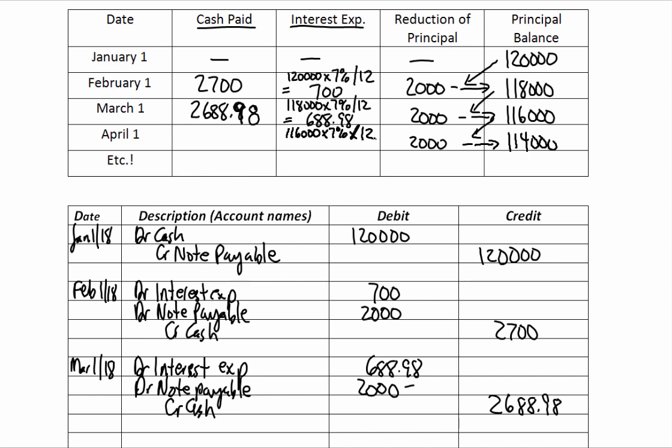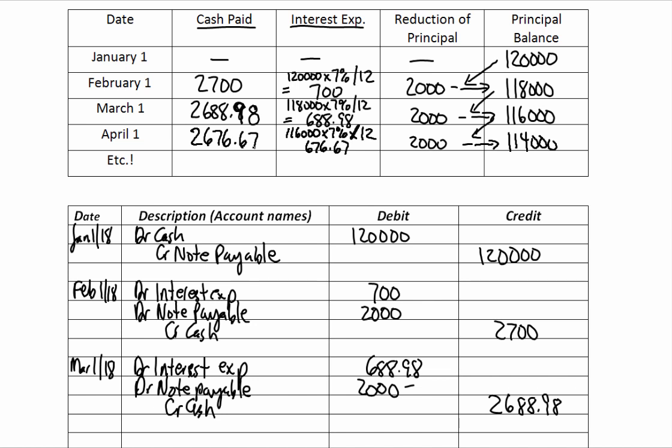And that is $676.67. So how much money am I going to fork over to the bank? $2,676.67.